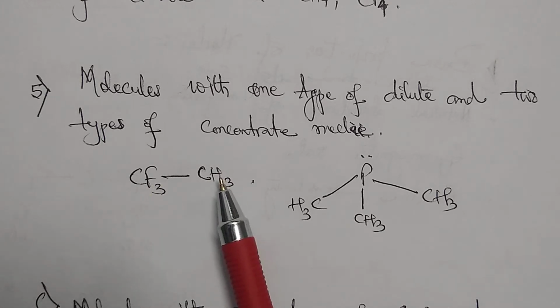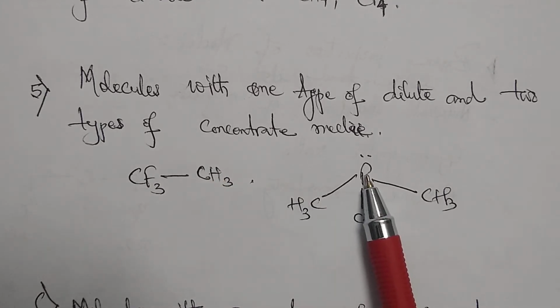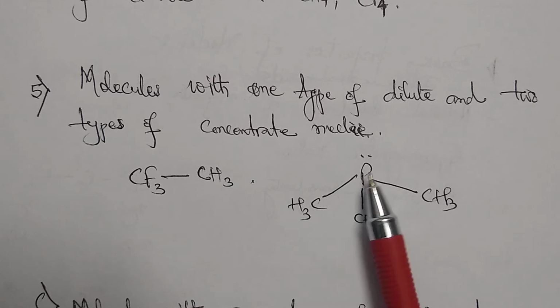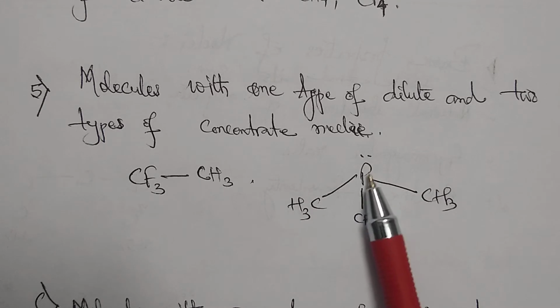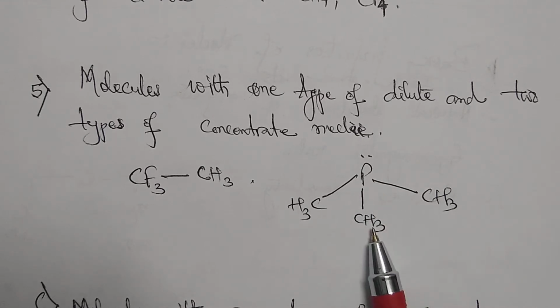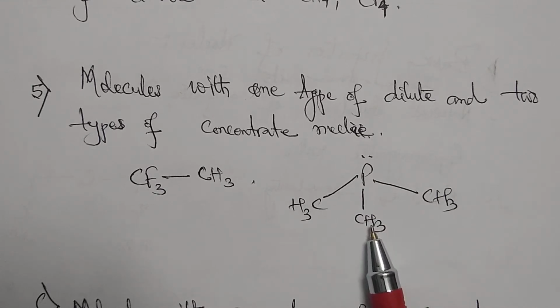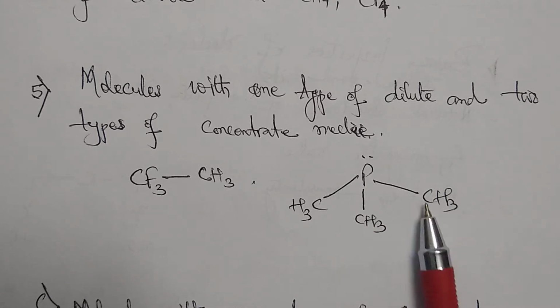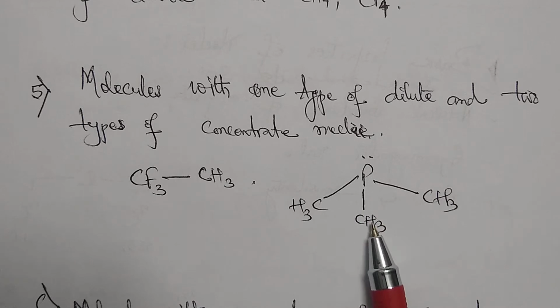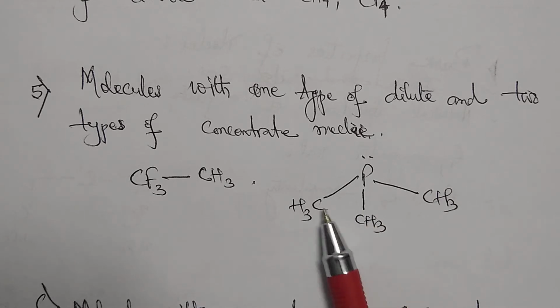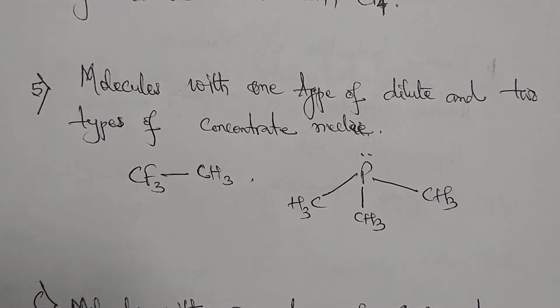So this is one example. Another example is phosphorus, that is P(CH3)3. The phosphorus, 31P, has nuclear spin half with a natural abundance of around 100%. Similarly, the proton is a concentrate nucleus, but the carbon is a dilute nucleus. So two types of nuclei are concentrate, and one type is dilute.